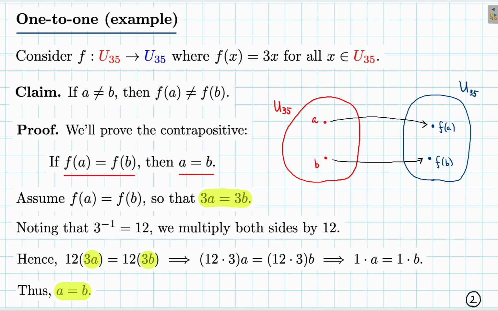Now, what we just showed is that this function f is what's called a one-to-one function. Let's generalize that idea.